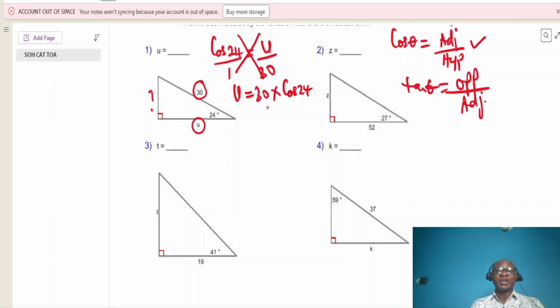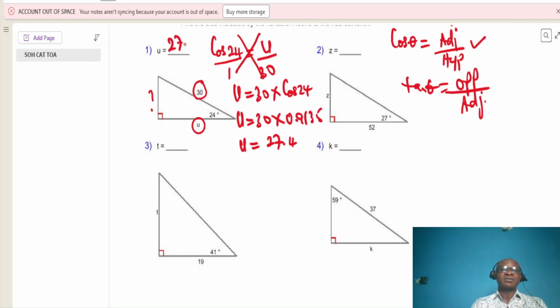And it's going to give me u equal to 30 multiplied by 0.9135. When the multiplication is taken, I am going to get the value of u as equal to 27.4, because the question from the heading says to one decimal place. So what I will write here is 27.4. That is the answer.